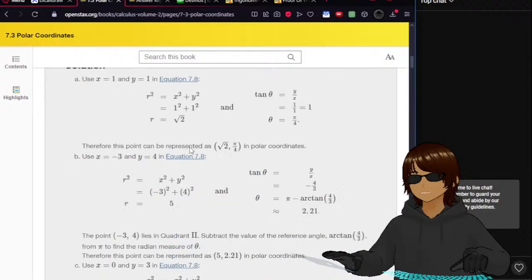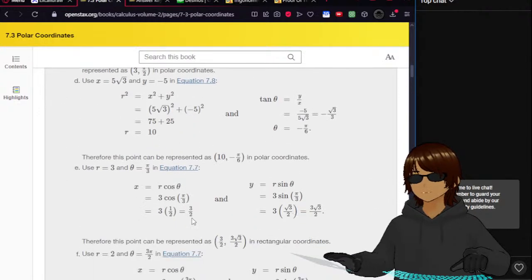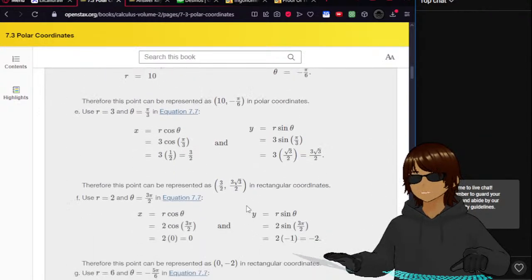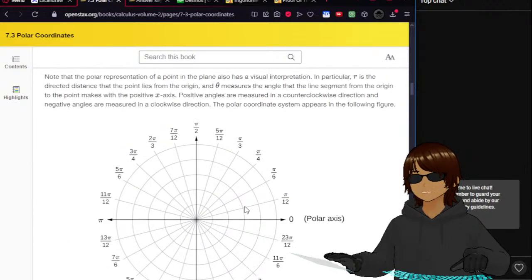Okay, let's see if I'm on the correct path. Yep. Now let's see what's next.